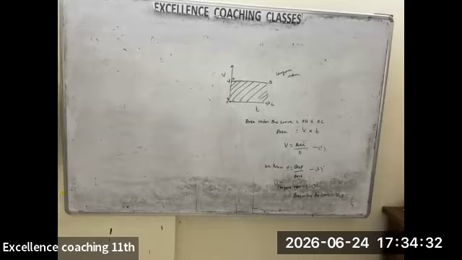Since the distance is a scalar quantity representing the actual path, it can never be negative.